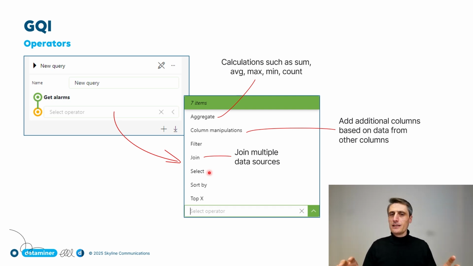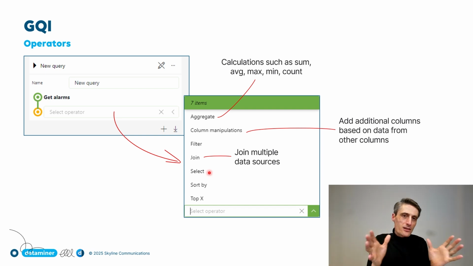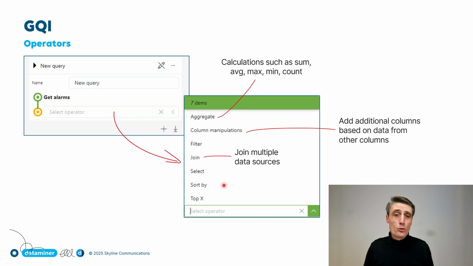The table or the data source might have a lot of information, so therefore you might need to select only the bits and pieces you are interested in. And of course, you can also immediately sort it so that the ones that need your attention are at the top immediately. Or if it's a long list, I can also go for a top 10, for instance, so that only the most important ones are shown and I don't care about the 1000 others in there.